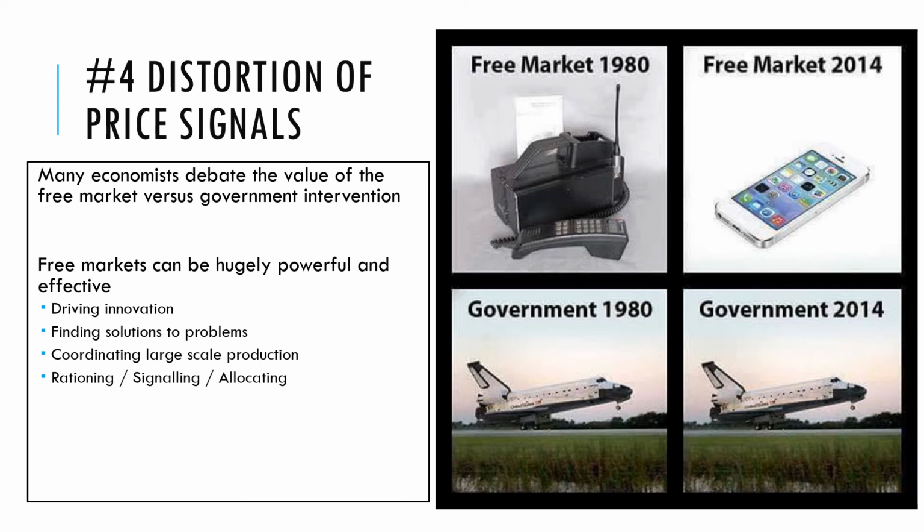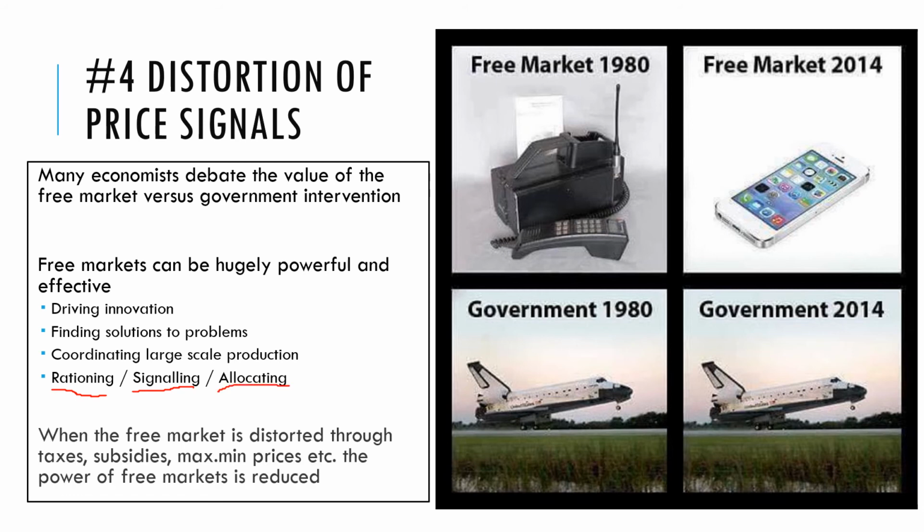The free market is a great way to find solutions to problems through the profit incentive. Prices and the operation of the invisible hand can coordinate large-scale production processes. As we've seen earlier, the price mechanism and the free market serve to ration resources, they signal how resources should be used, and they also allocate resources.